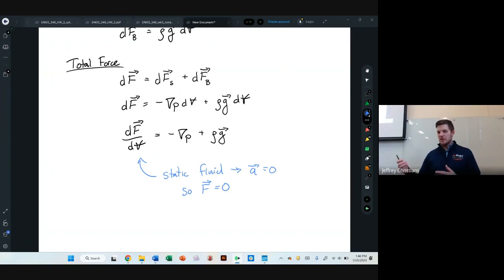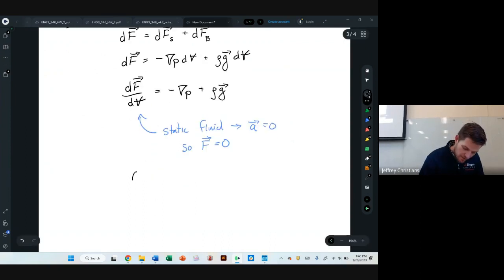So if we're talking about any fluid, the equation above works. If we're talking specifically about a static fluid, then we get to simplify it further. We'll eventually come back to the equation above when we have to start dealing with things that move. But if we're dealing with things that are static, there is no acceleration. So we have 0 equals minus gradient P plus rho G.